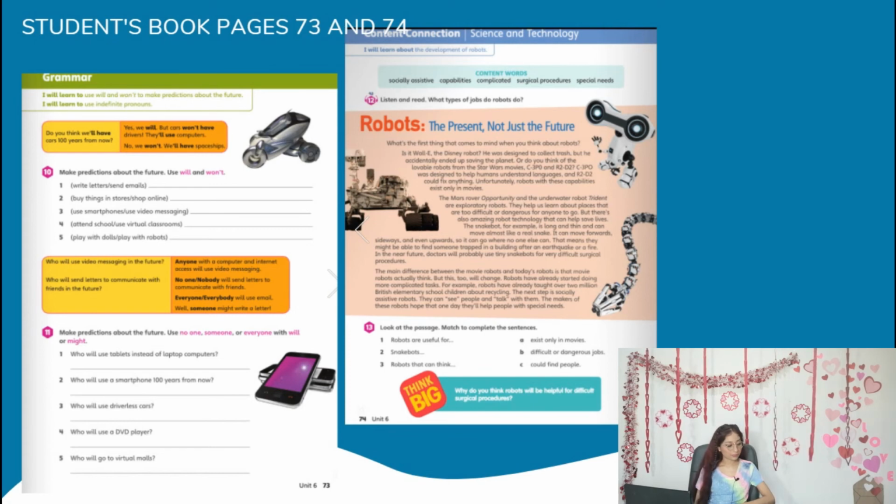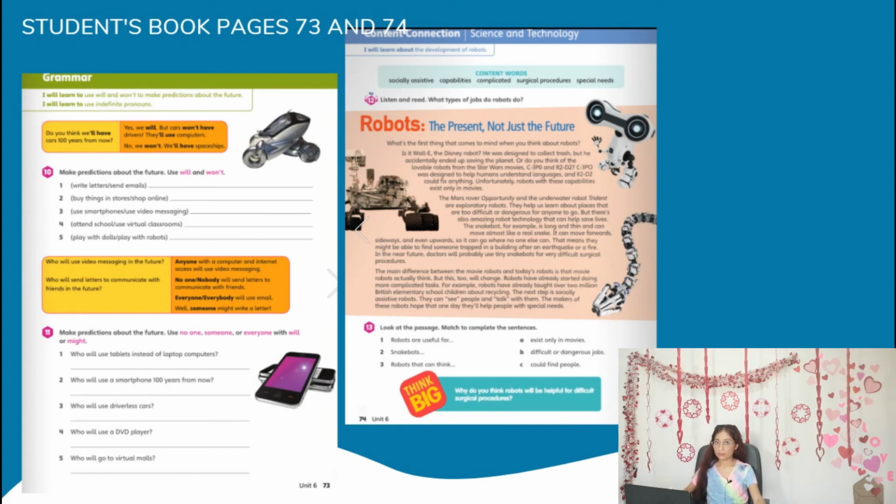Almost. Unfortunately, robots with these capabilities exist only in movies. The Mars rover, Opportunity, and the underwater robot, Trident, are exploratory robots. They help us learn about places that are too difficult or dangerous for anyone to go. But there's also amazing robot technology that can help save lives.